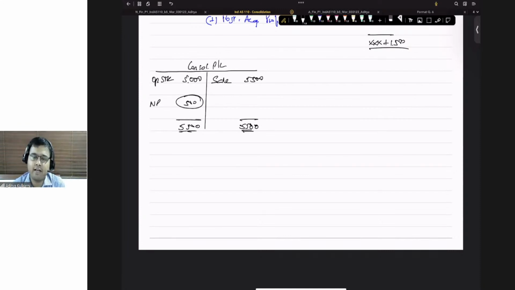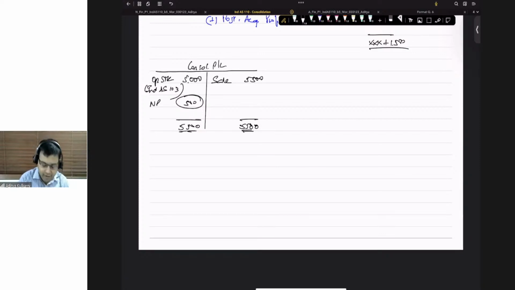Sir, why 500? Because on the date of acquisition, you have already recorded the increase in fair value in the inventory. You have already booked it. Is it correct? It's absolutely correct because that increase in fair value is in line with Ind AS 103.